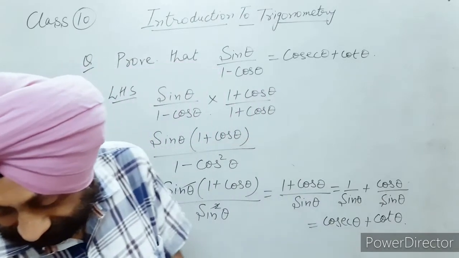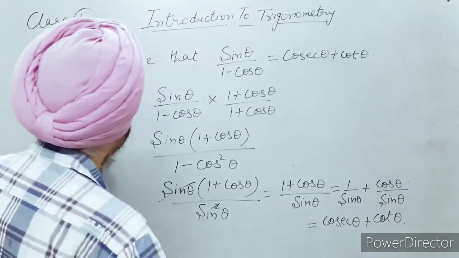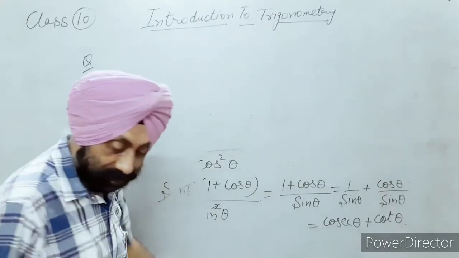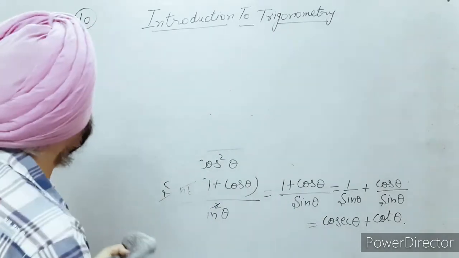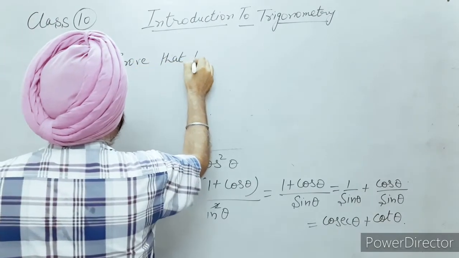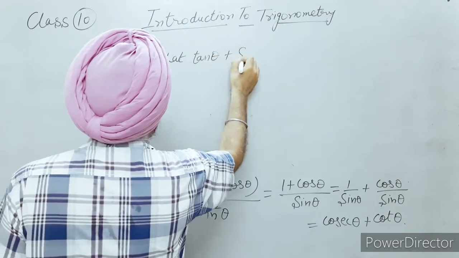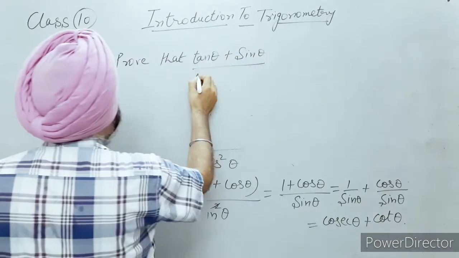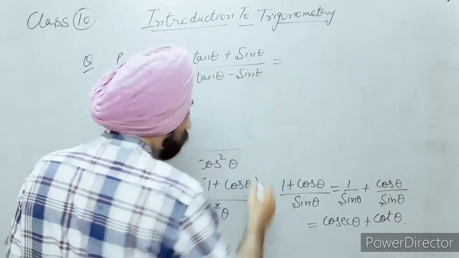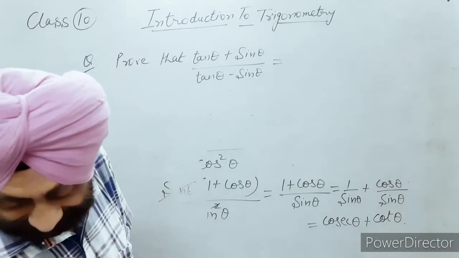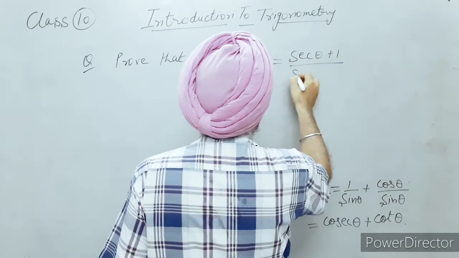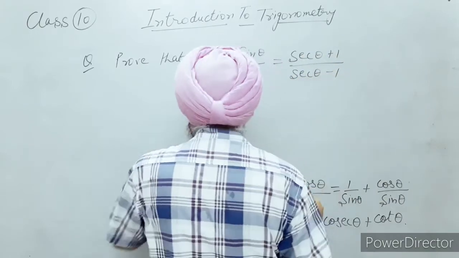Question is, prove that tan theta plus sin theta upon tan theta minus sin theta is equal to secant theta plus 1 upon secant theta minus 1.